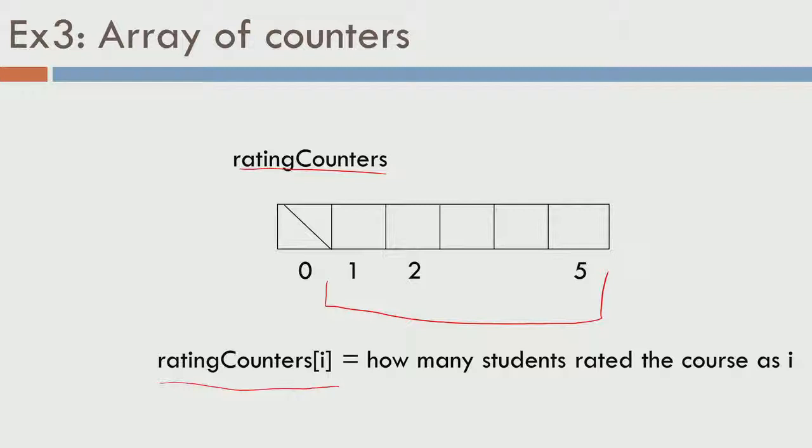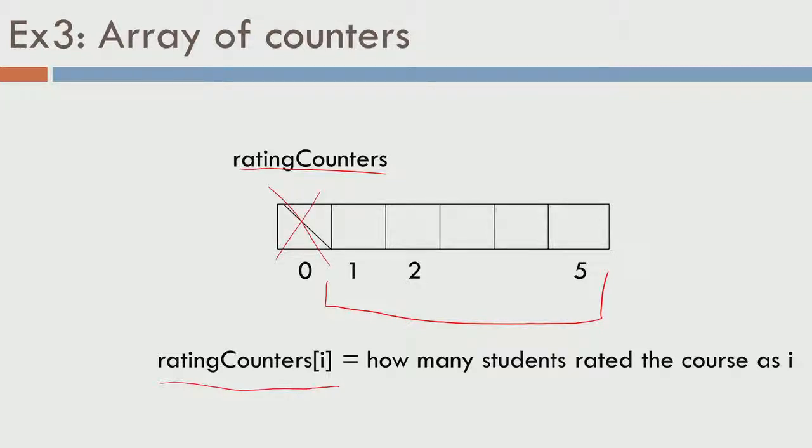So, if 5 students gave rating 1, I would expect rating counters of 1 to contain the value 5. Right. So, one thing is, since the ratings are only 1 to 5, however array indices start from 0, what I am going to do is declare an array of size 6, and I will not use location 0.